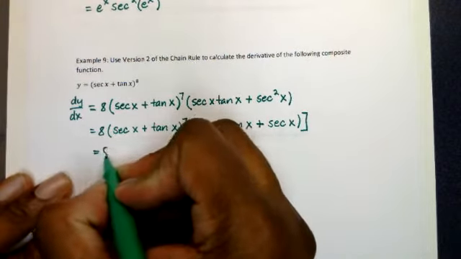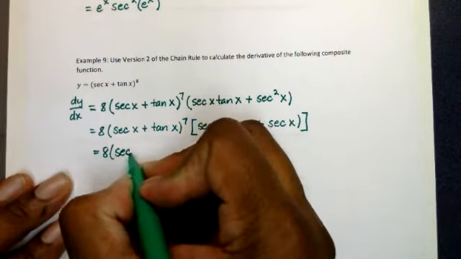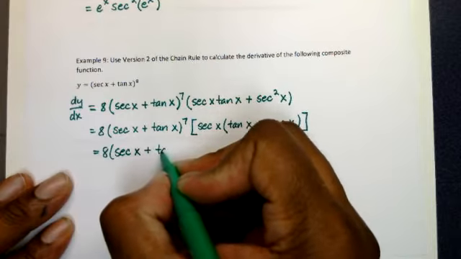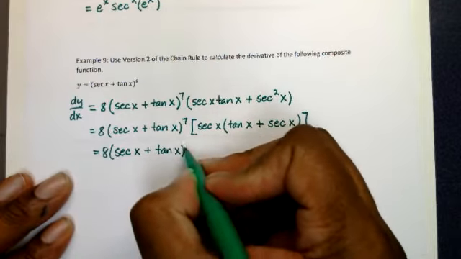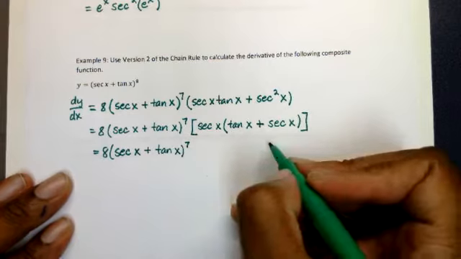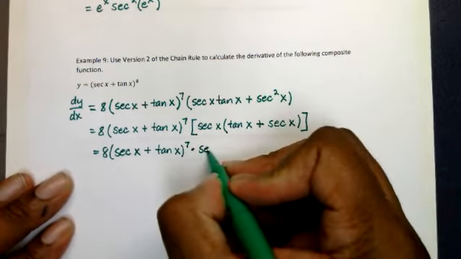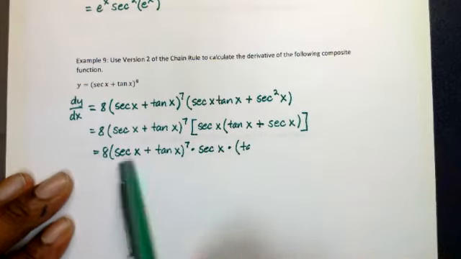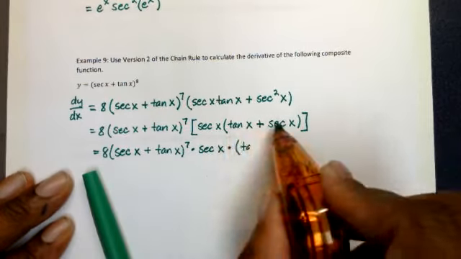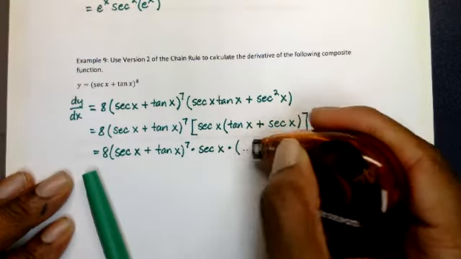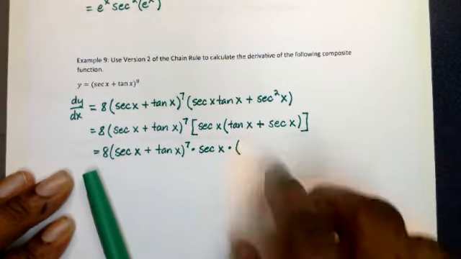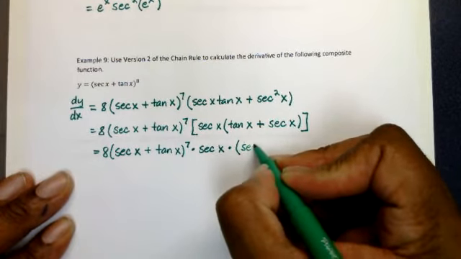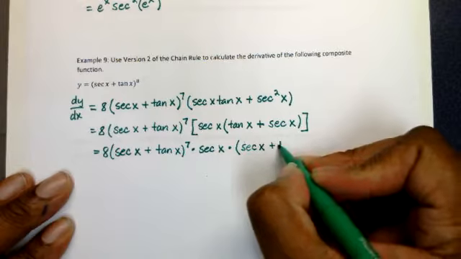Okay, now in the next line, I'm just going to bring this down, 8 times the quantity secant x plus tangent x, that quantity is to the 7th power. That's going to be multiplied by the secant of x times the tangent. In fact, let me reverse this using the commutative property, just changing the order, as secant x plus tangent x.